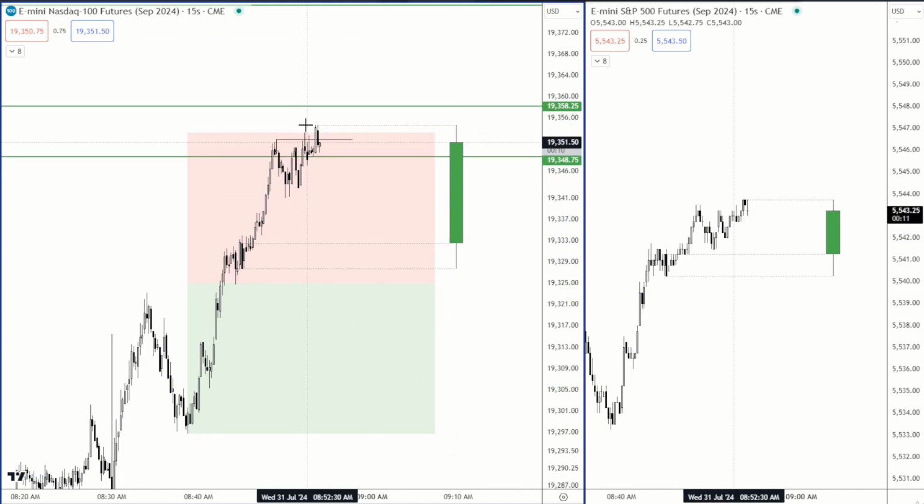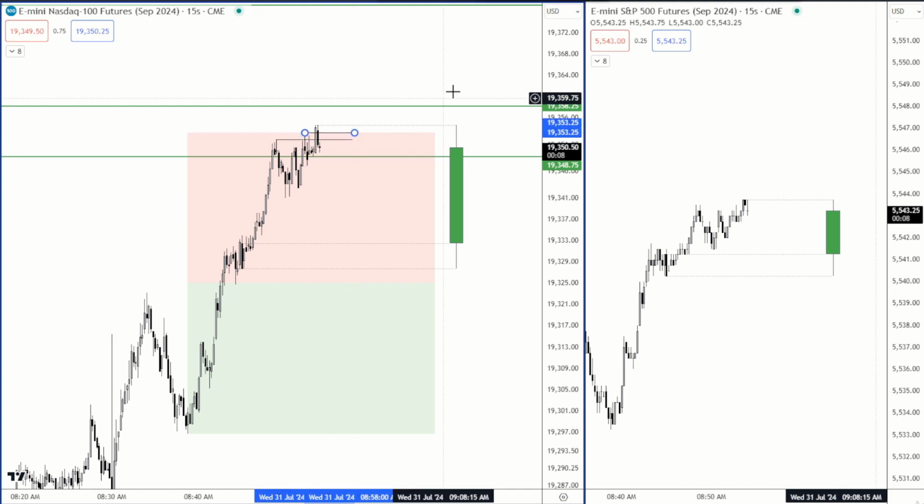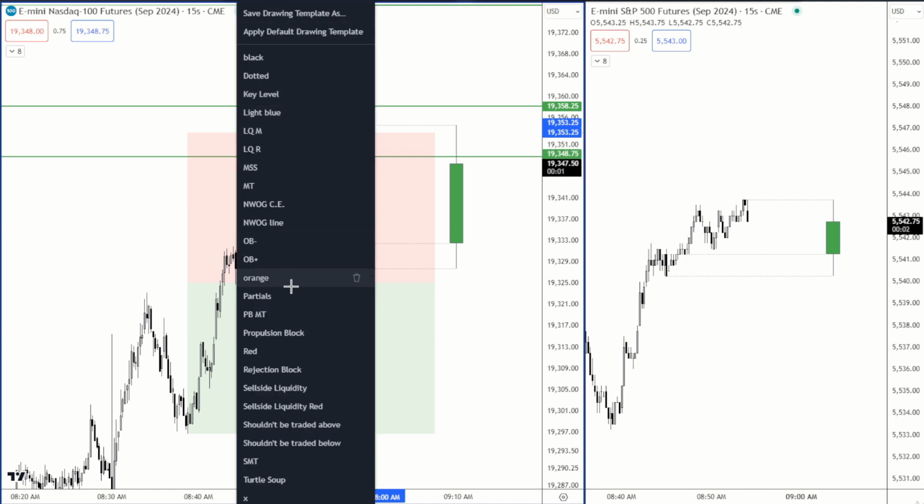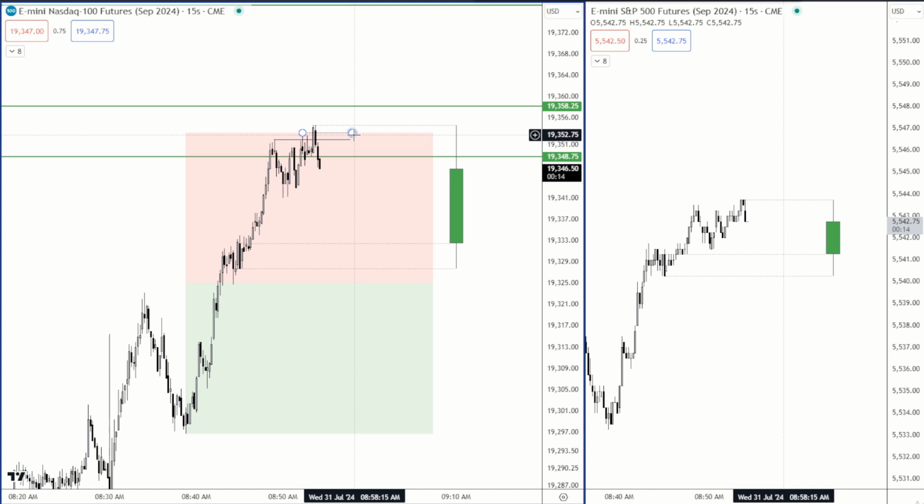This is likely the last sweep above the high, right? Lower time frame soup inside of a higher time frame soup, I'm guessing.